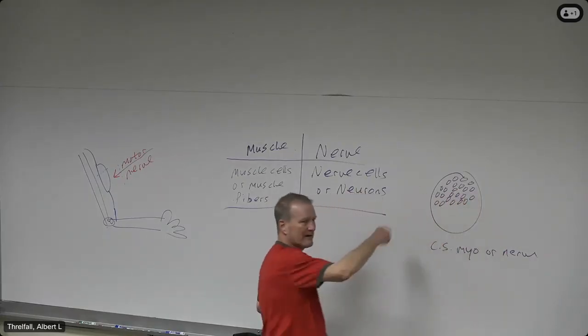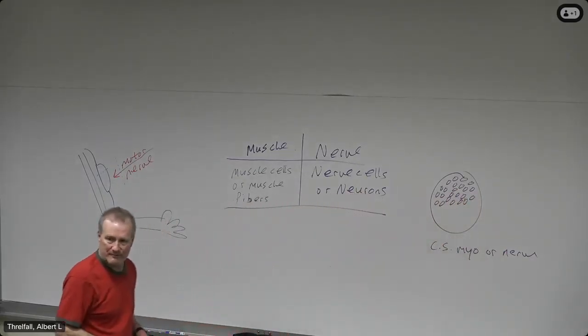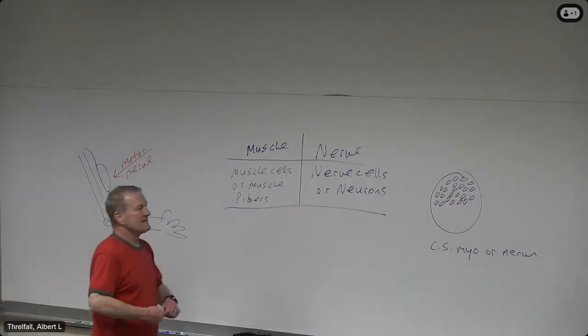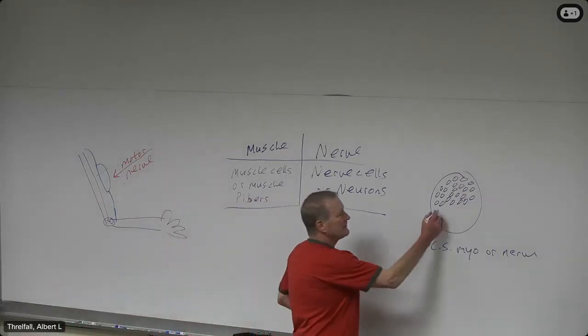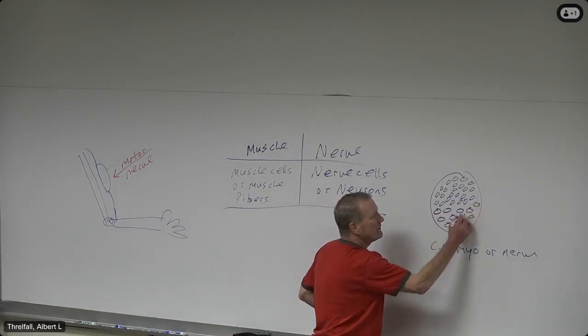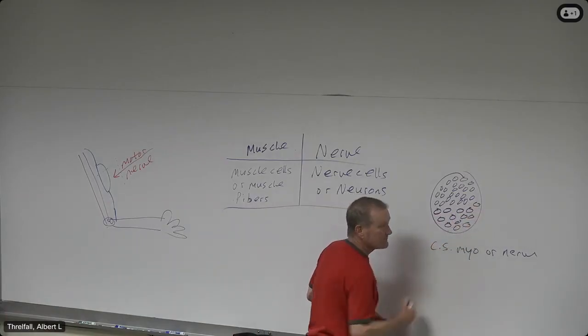You can fill that in the rest of the way if you want to. So if you're going to make the biceps brachii contract to flex the elbow, you have the ability to send signals through any number of these individual nerve cells.